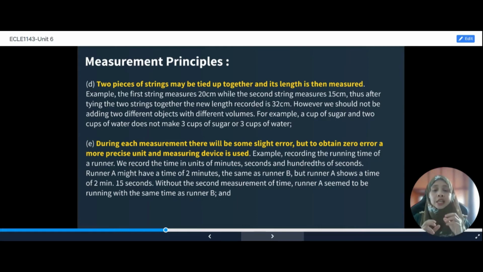Yeah. We have a chance to introduce to them various types of measurement tools that they can get the accurate measurement for each things or each items that they want to measure. Okay.